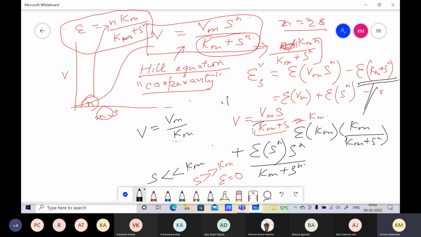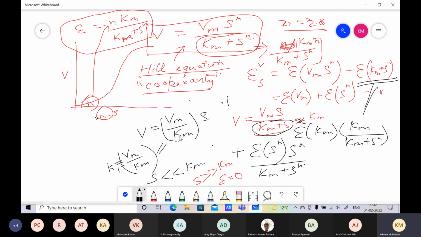So the first order rate constant K1 is Vmax upon Km, which is a far more important parameter than just Vmax. So both rates as well as binding efficiencies play a very important role in enzyme engineering.